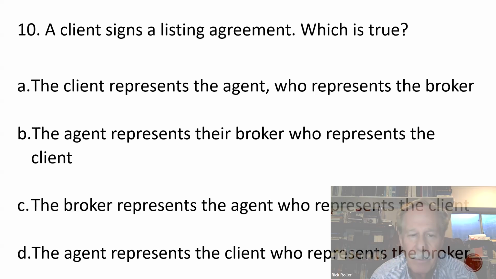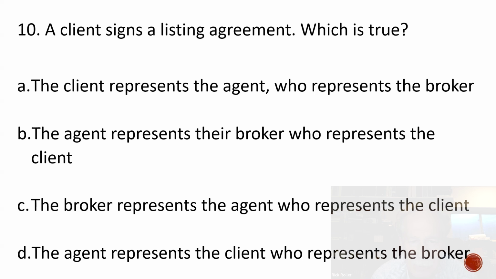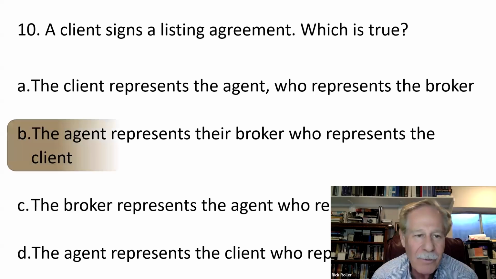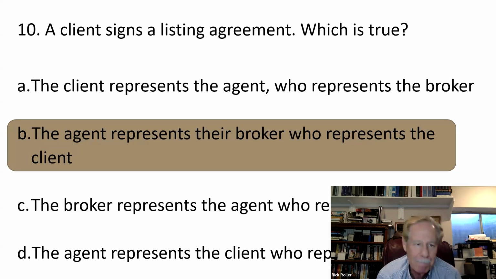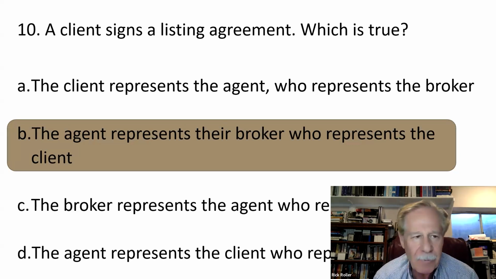Look at C. Broker represents the agent. No, broker doesn't represent you. You represent the broker. Okay. D, the agent represents the client who represents the broker. Okay. Well, out of all these complicated ones here, it is B, of course. The agent represents their broker who represents the client. Okay. That shouldn't be much of a mystery to you. That should be an easy one.